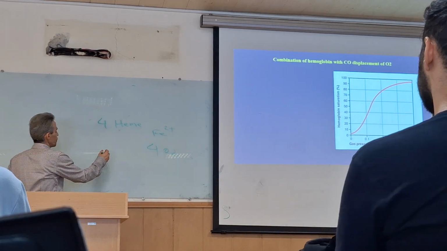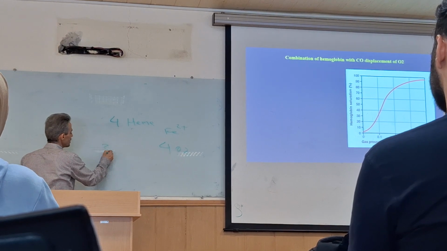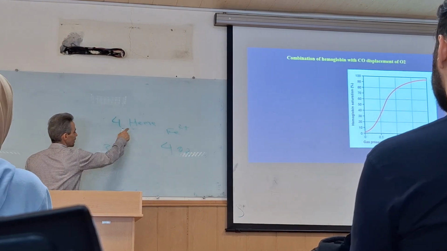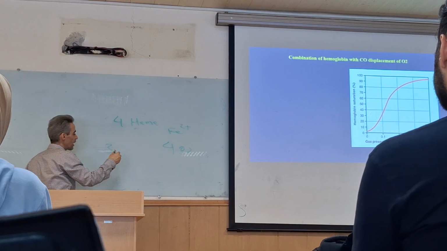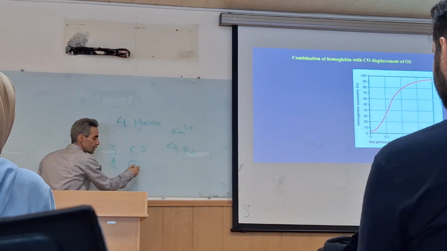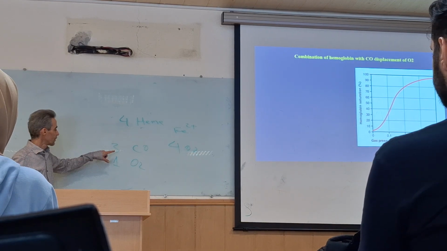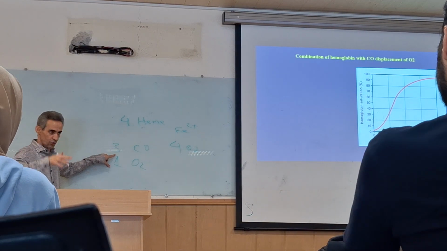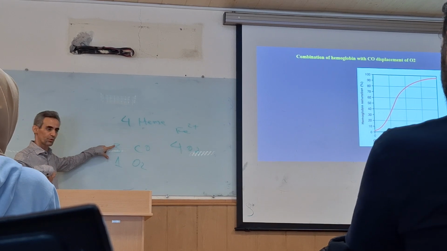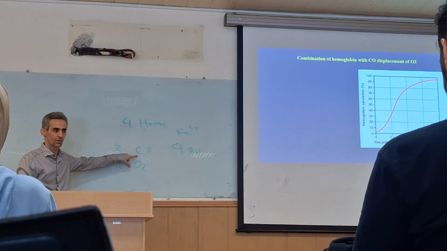Consider that by carbon monoxide poisoning, 3 locations are occupied by carbon monoxide, and only 1 location can bind with oxygen.